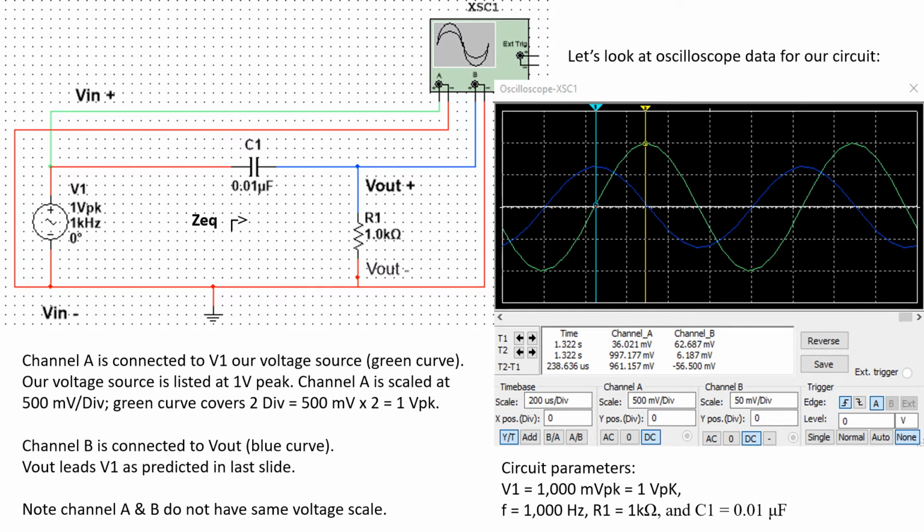Moreover, the oscilloscope data is presenting both curves as a function of time. Since the blue curve is shifted to the left, we know that its phase angle is positive, or at least it is more positive than the phase angle for the green curve. Actually, we know the phase angle of the voltage source is 0 degrees.